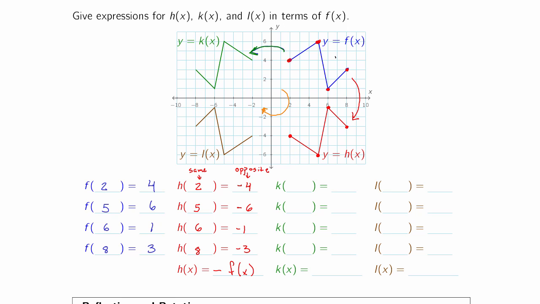So 2, 4 becomes negative 2, 4. 5, 6 becomes negative 5, 6. 6, 1 becomes negative 6, 1. 8, 3 becomes negative 8, 3.